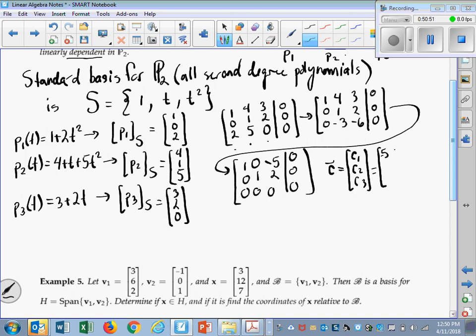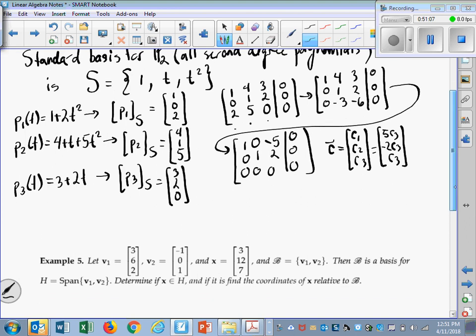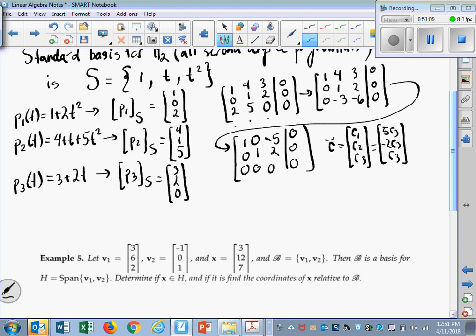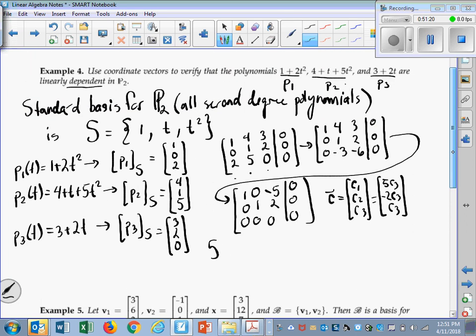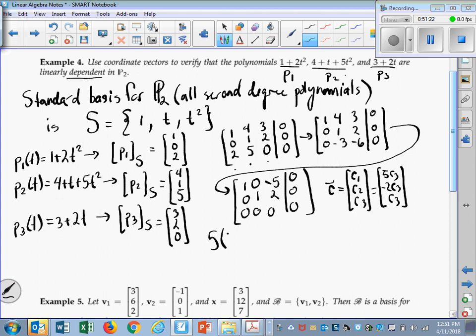This is the general solution for the system. And so what that tells me is I take 5 of the first polynomial, that's 1 plus 2t squared, minus 2 of the second, 4 plus t plus 5t squared, and then plus 1, that's C3, of this last one, should give me the 0 polynomial, just 0.